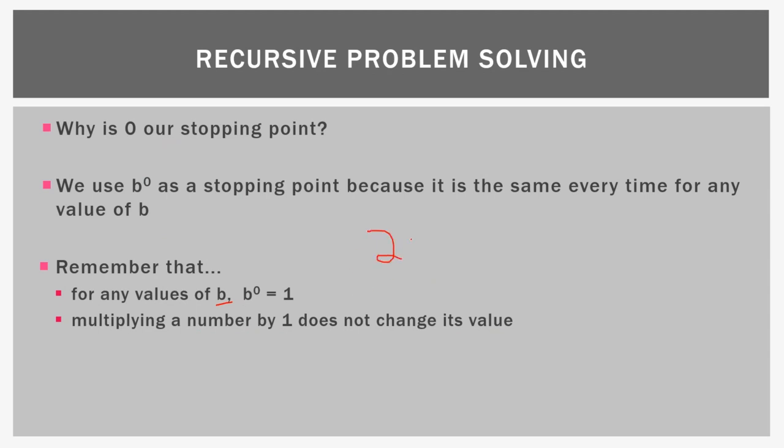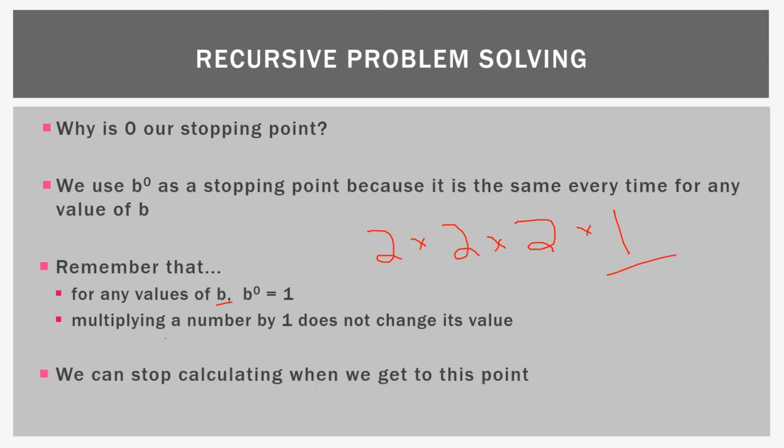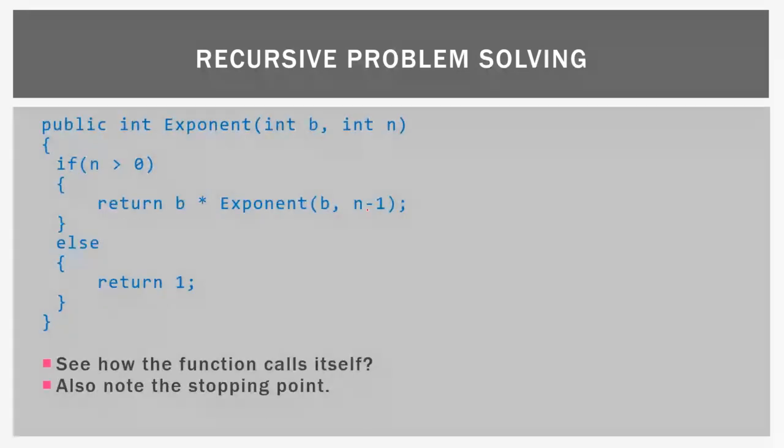So if we end up with 2 times 2 times 2 times 1, the 1 isn't going to affect our outcome in this particular algorithm. So we can stop calculating when we get to that point. We don't want to go any smaller than 0 there.